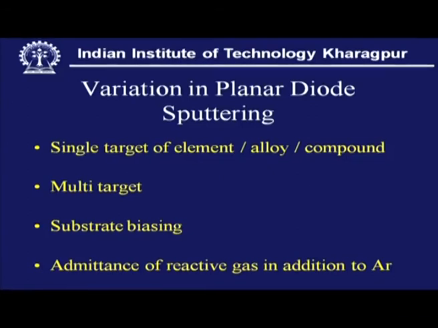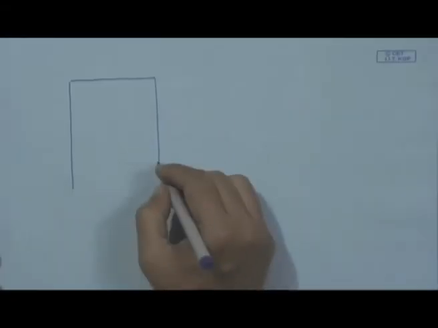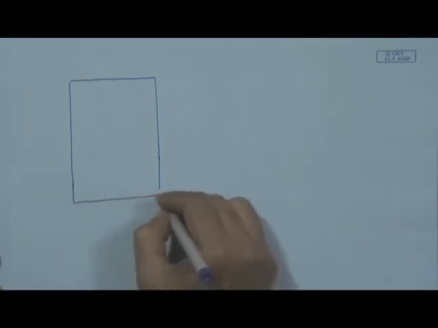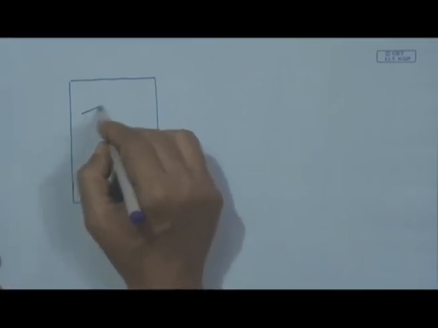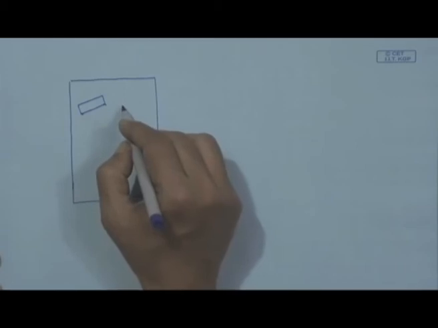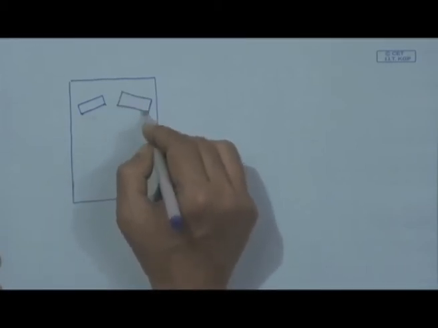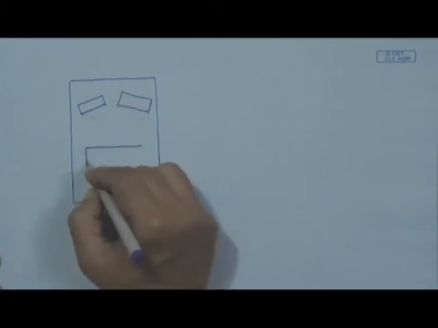But instead of a single target, we can also have a multi-target machine. Multi-target machine means we have this kind of vacuum chamber, and the targets may be positioned like this, and here we have the substrate.